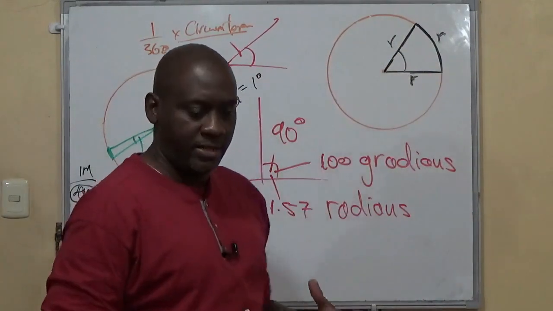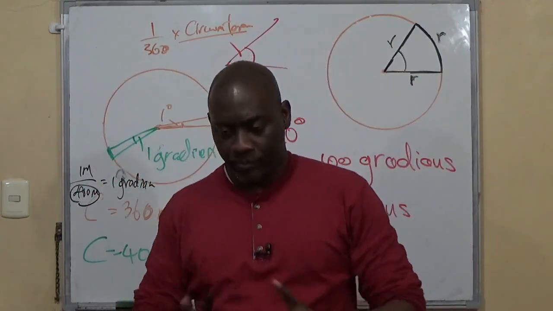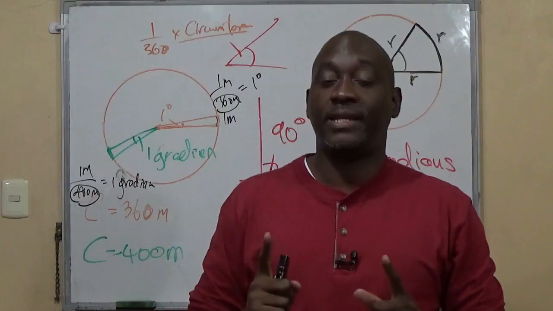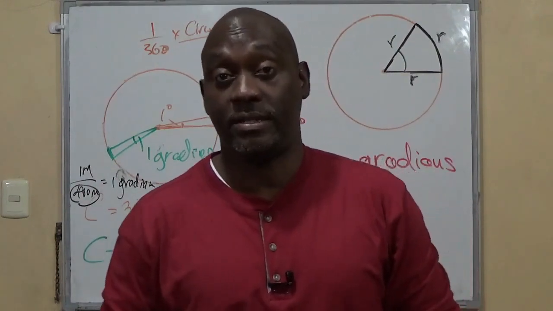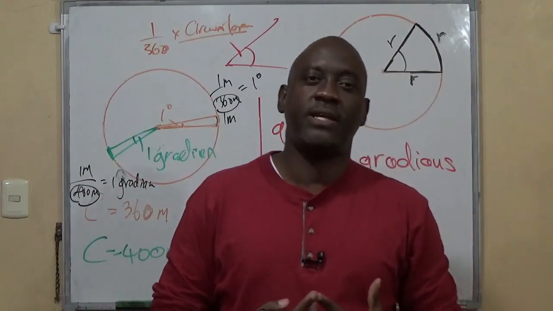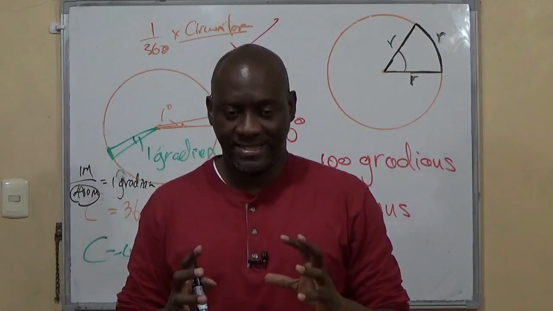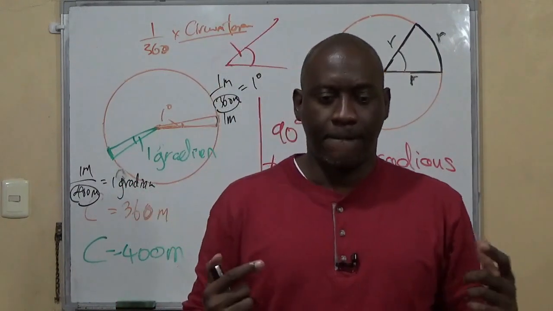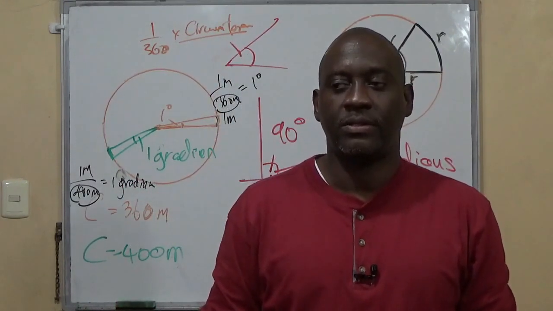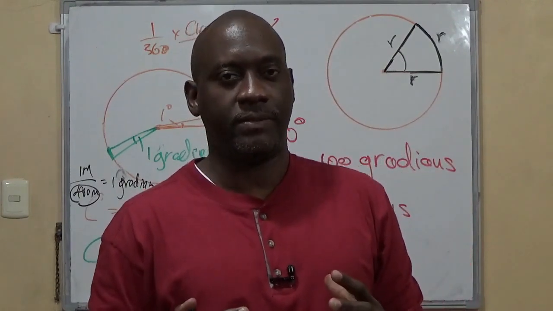So the radian is defined as the angle subtended at the center by an arc of length equal to the radius of the circle. Let me say that again. 1 radian is defined as the angle subtended at the center of the circle by an arc on the circumference whose length is equal to the radius of the circle.